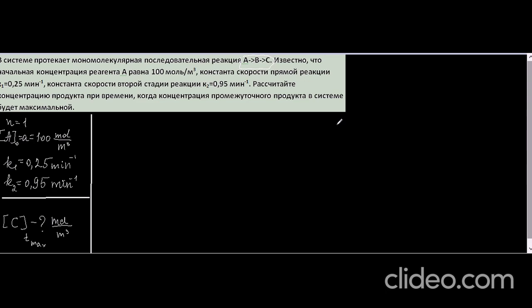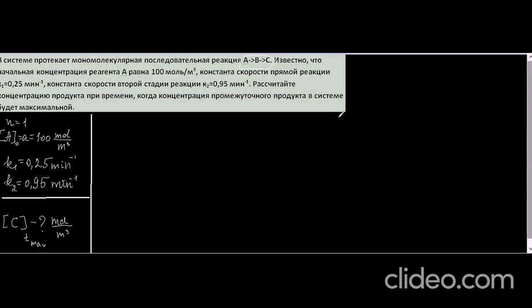They ask us to calculate the concentration of the product C at the time when the concentration of the intermediate in the system is the largest. This is what the problem is about.